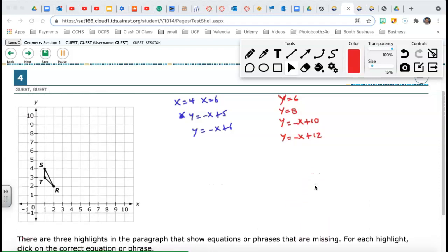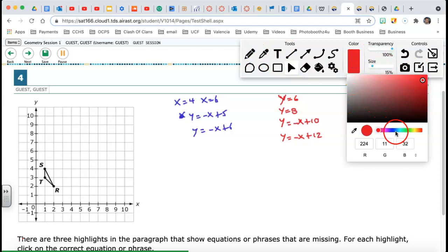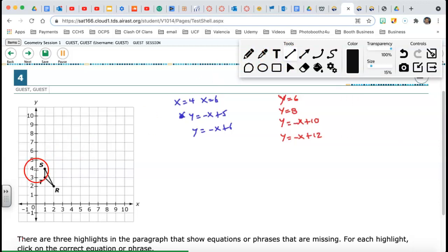So let's do all the work. They're saying that this translates 4 to the right and 4 up. Let's change to a different color. Let's go black. So 4 units to the right, 4 units up. If I go 1, 2, 3, 4, 1, 2, 3, 4, this is going to be S prime.